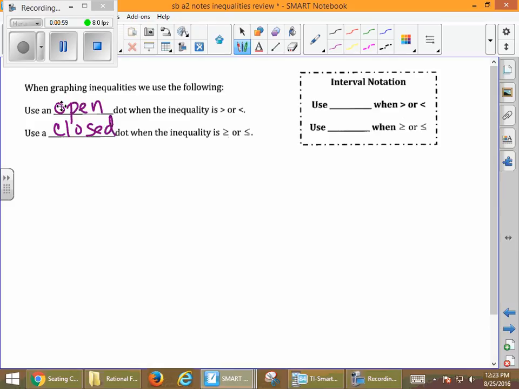Before I get going too much farther, what I've learned is that some people don't know that this symbol means greater than. So if you need to, write that down on your paper. You're going to have to squeeze it in somewhere, maybe at the top, which means this is less than.